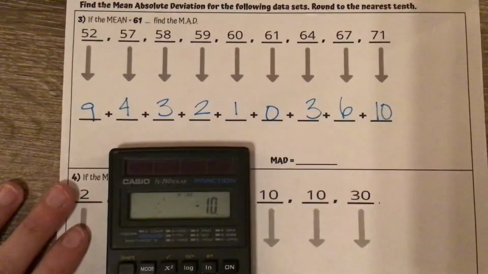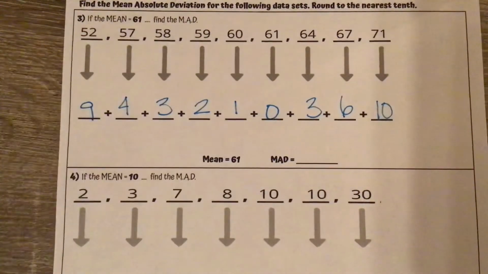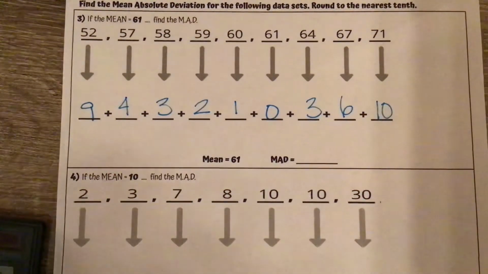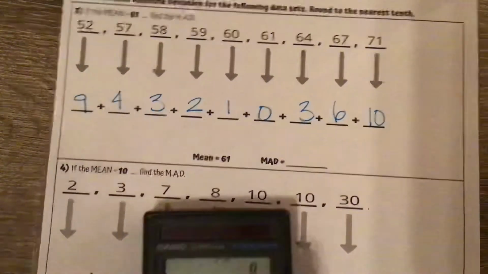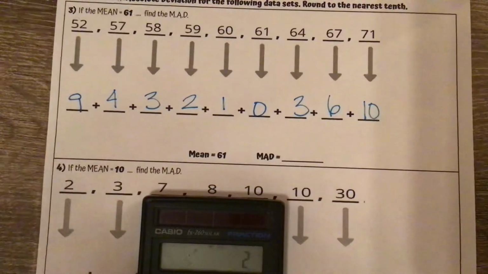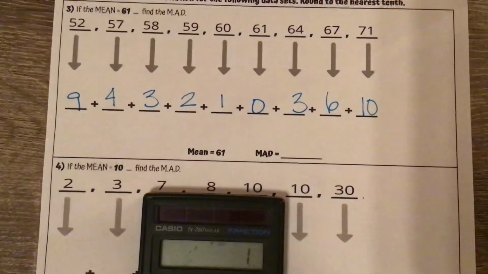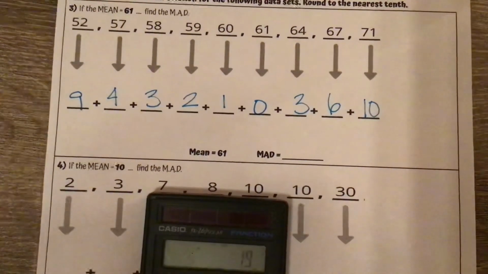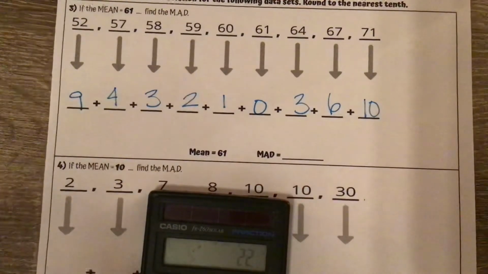Ignore the negative. So now, to find the MAD, we are going to add up all of these digits and divide by the number of values. So I'm going to add 9 plus 4 plus 3 plus 2 plus 1 plus 0 plus 3 plus 6 plus 10.